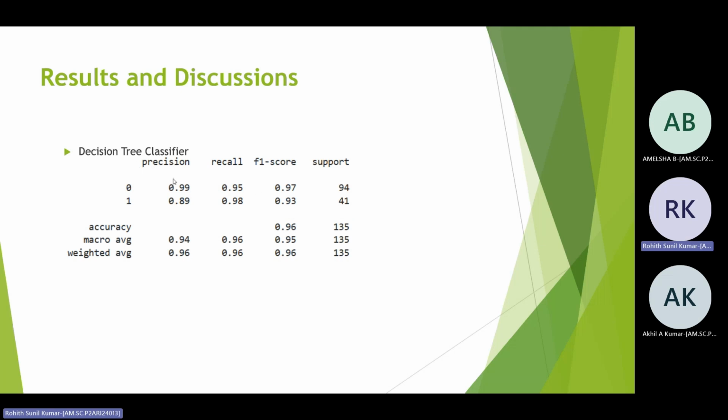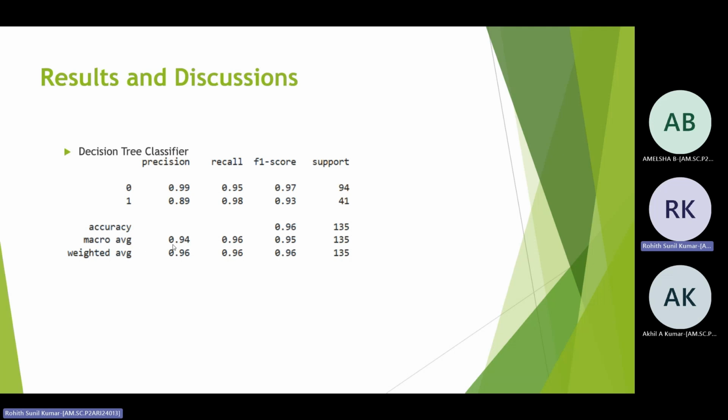For the decision tree classifier, the precision for class 0 is 99%, and for class 1 it is 89%. For the recall it is 95% for class 0 and 98% for class 1, and for the F1 score it is 97% for class 0 and 93% for class 1, with support of 94 instances for class 0 and 41 instances for class 1, with the accuracy of 96% and support 135.